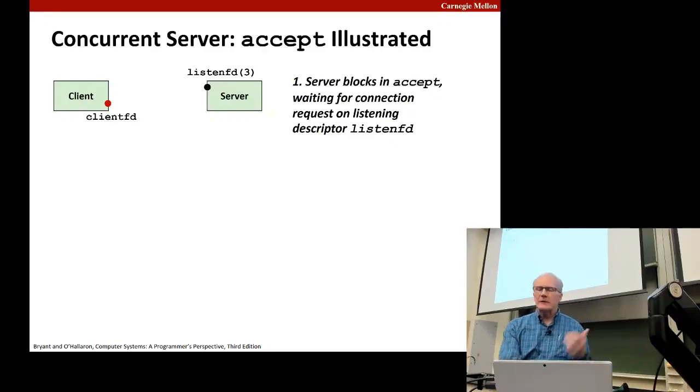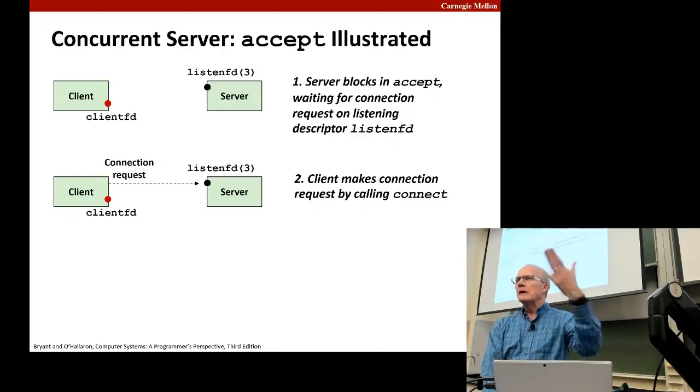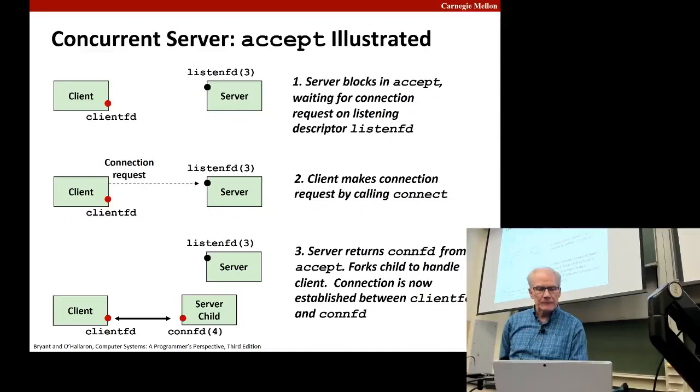So just as a picture, remember this important distinction between these two file descriptors. The client makes a connection request to the listen, and on the server side, that client request comes in to the socket that corresponds to the listen FD that was created and passed to the accept call.